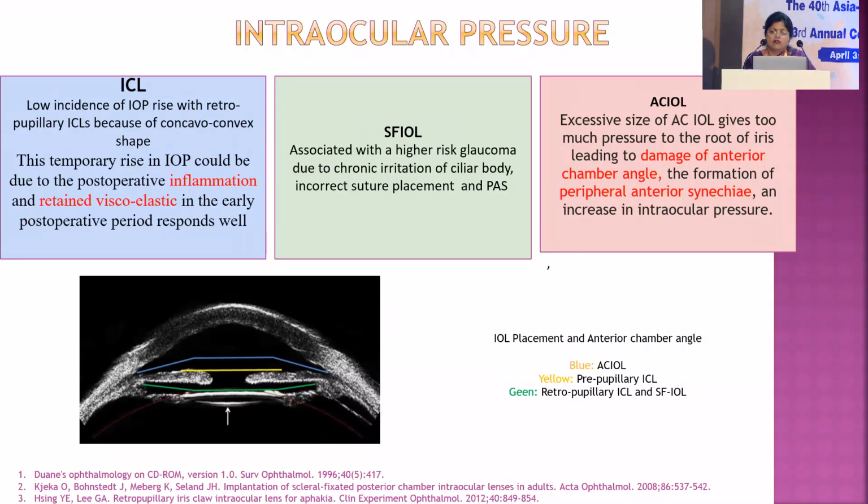But in the case of ICL, especially retropupillary implantation, the incidence of IOP rise is lower. A temporary rise of the IOP can occur because of post-operative inflammation and retained viscoelastic, but it responds very well to anti-glaucoma medication for a few days.